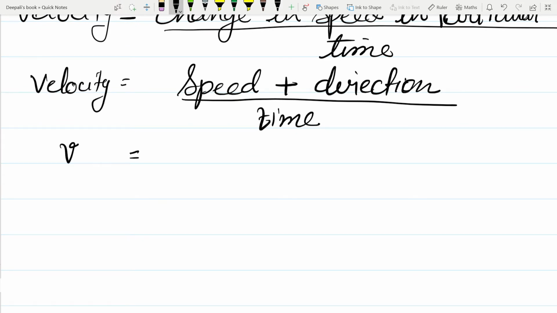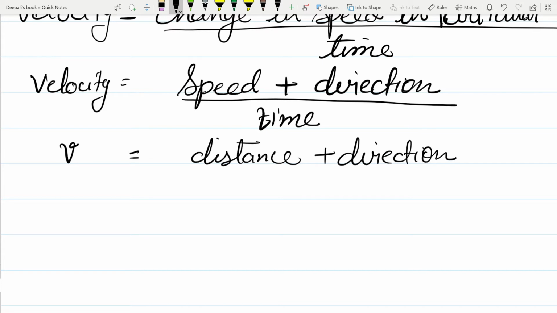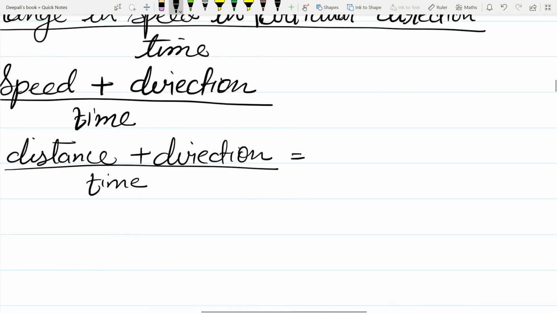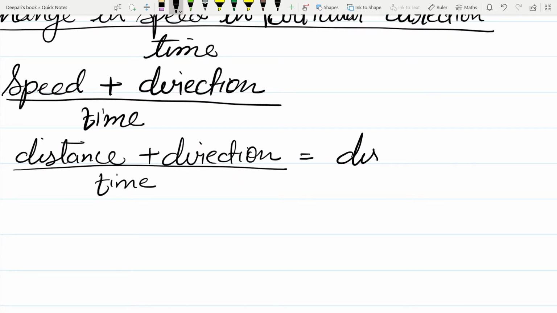Here speed plus direction, that is distance plus direction upon time, is also termed as displacement, as we know that displacement is distance plus direction.